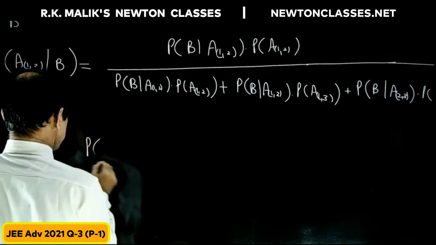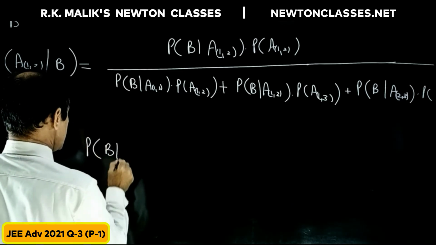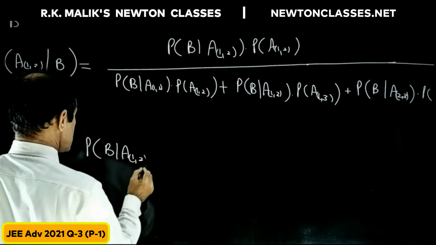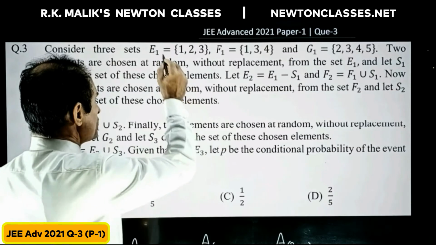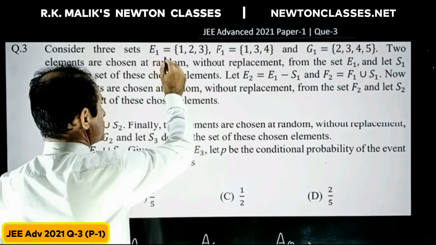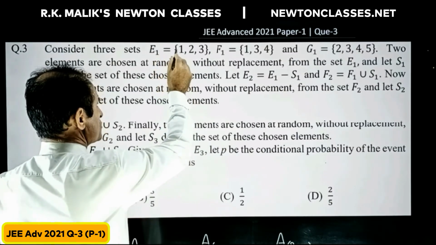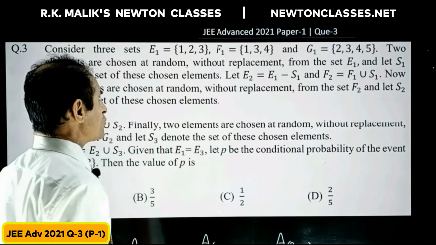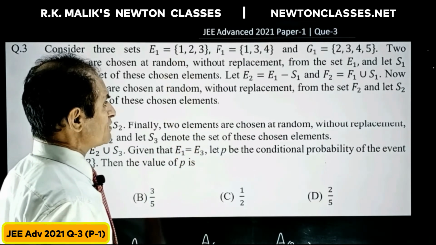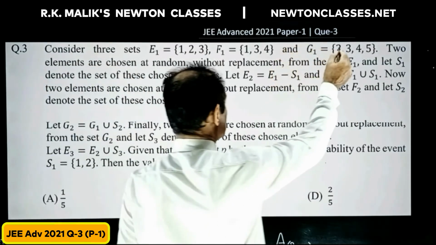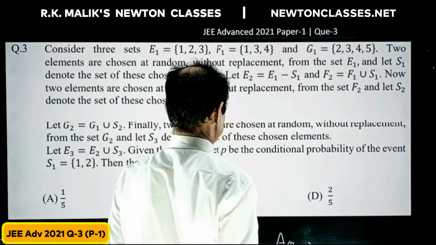Now we'll find first the value of P(B given A12), which means we know that from the set E1 in the very first step the elements 1, 2 were chosen, and we are going to find the probability that finally from G2 1, 2 will be chosen.